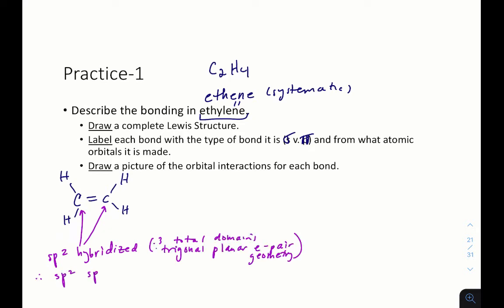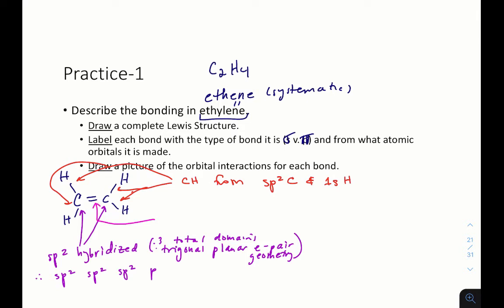This, of course, means they have 3 hybrid orbitals with which they will hold the different domains of electrons, making them 120 degrees apart, and then 1 leftover p orbital. These CH bonds, all 4 of them, will be made from an sp2 orbital on carbon and the 1s orbital on hydrogen. The carbon-carbon bonding interaction consists of 1 sigma bond and 1 pi bond.